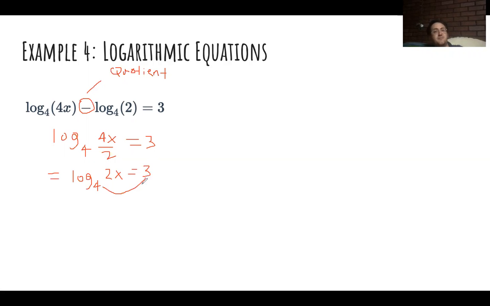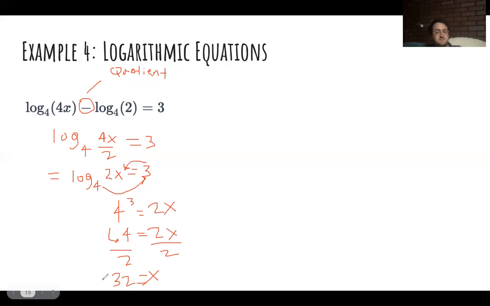This is not a bad one to do because I'm going to have 4 cubed equals 2x. So 4 cubed is just going to be 64. And lo and behold, I get 32 is equal to x.